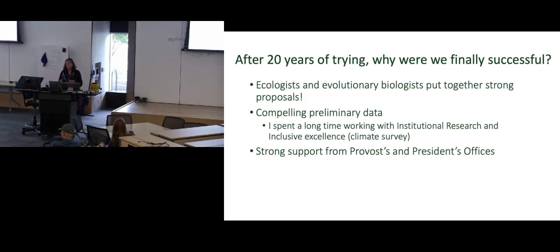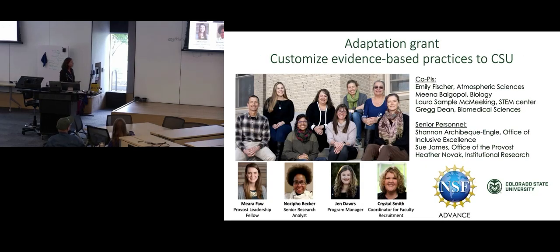Another thing is that we finally had really strong support from the provost and president's offices. So we were able to overcome this 20-year failure of getting the grant and finally getting it. And what we got is an adaptation grant. So you all had at University of Michigan one of the very first Advance grants, an institutional transformation grant that gives you your Advance office here, was started by this program.